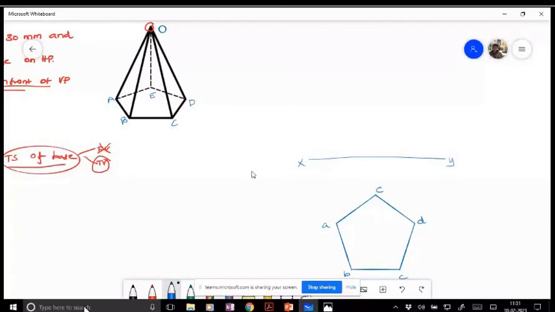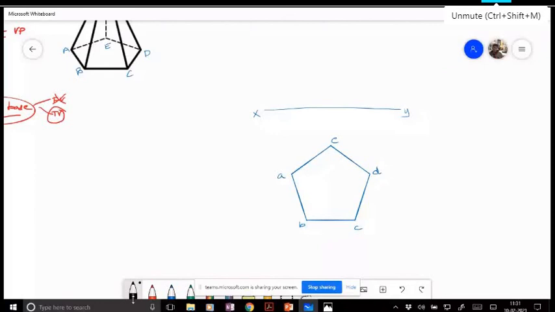Okay. So first you need to identify the O point. How to identify the O point? It's very simple. See, for any two sides you find the midpoint. From the opposite corner you connect the midpoint, so that will intersect somewhere, right?